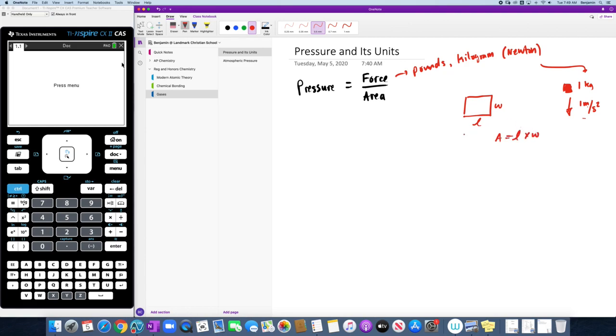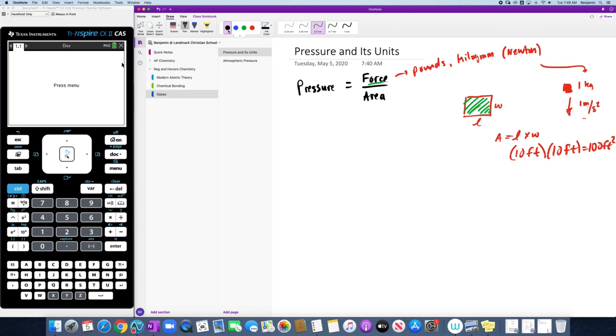So for instance, if you have a room in your house and it's 10 feet by 10 feet, that would be 100 square feet, 100 feet squared. But that's the idea of area. And so a pressure is when you have a particular force spread out over an area.